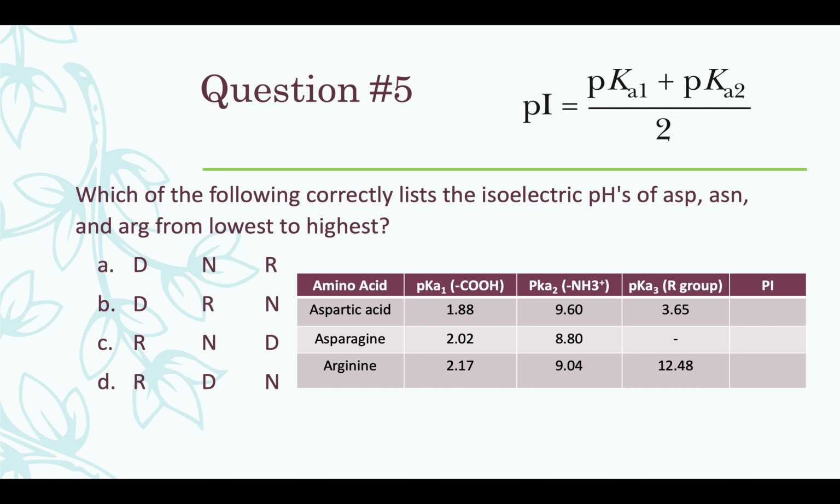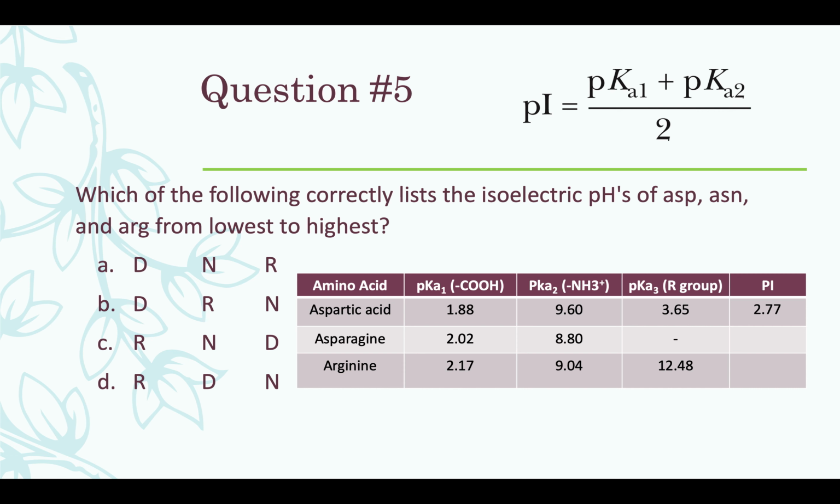As can be seen in the table, the two lowest pKa values are for that of the carboxyl and R groups. So invoking the formula, you will have here a pI of 2.77.